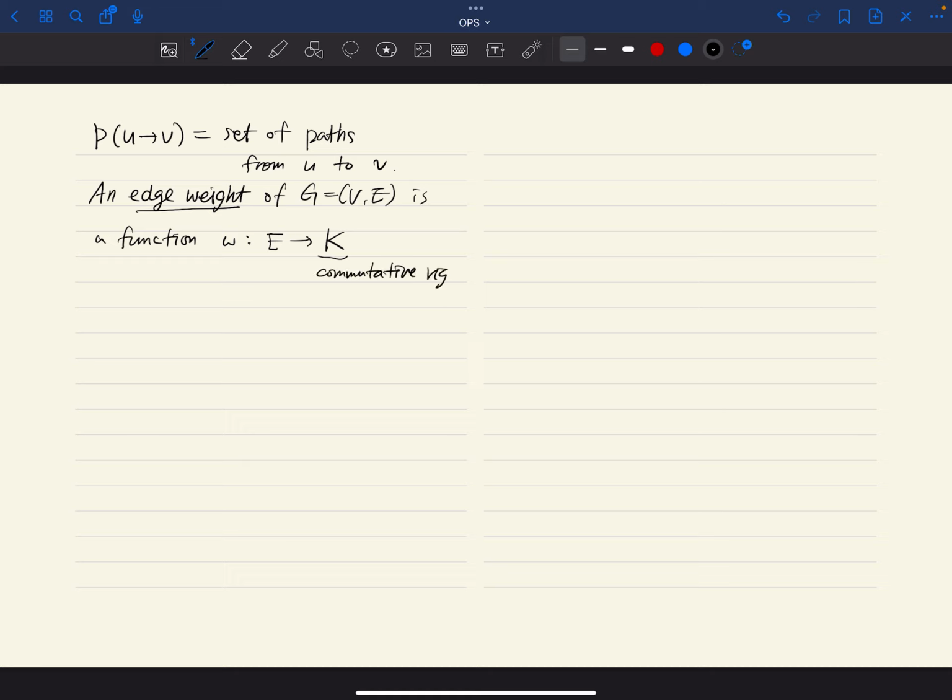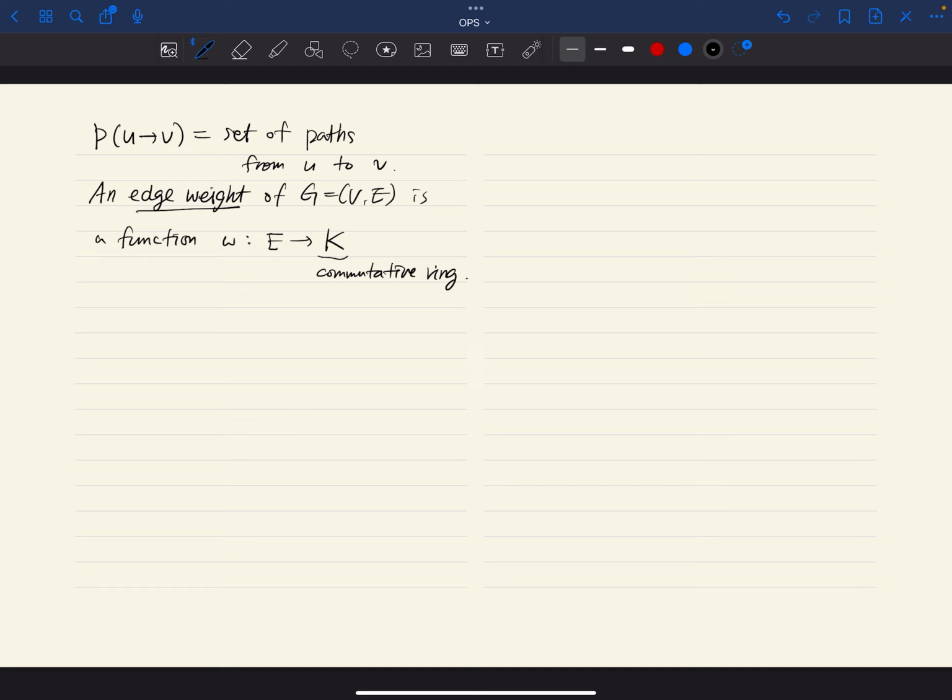It can be anything. You can think of this as Z or some polynomial ring, or whatever if there are parameters. So edge weight is just a way that we put some quantity at each edge.